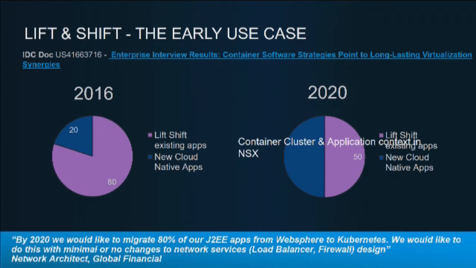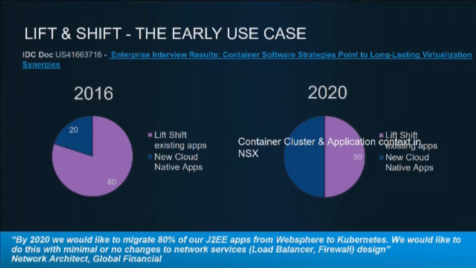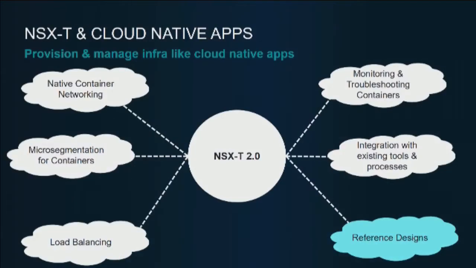They said, you know what, all of my middleware is going to be running in a Kubernetes-based PaaS, and I need to make sure that network services and my load balancing designs should not really change as I migrate on this journey. So it became really important for us to make sure that we work with existing investments. And that's where you'll actually see the NSX integration with F5, which Nick and Kent from F5 will be speaking about.